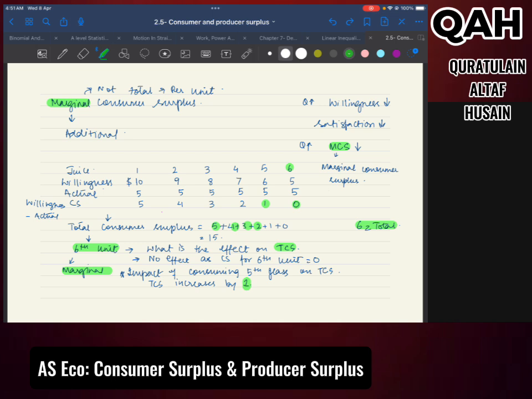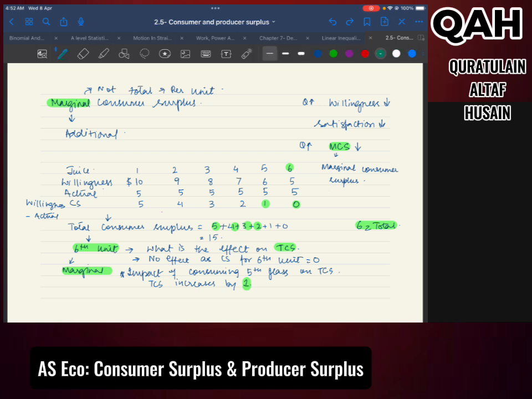Marginal consumer surplus is the additional surplus. So what will be the impact on total consumer surplus after consuming the sixth glass? The answer is no impact, because the consumer surplus for the sixth glass is 0. So it does not change the value of total consumer surplus.